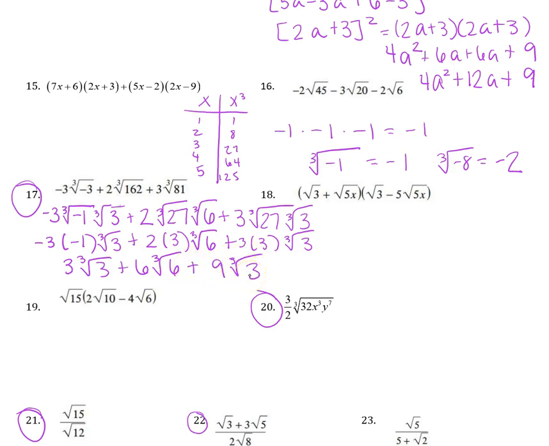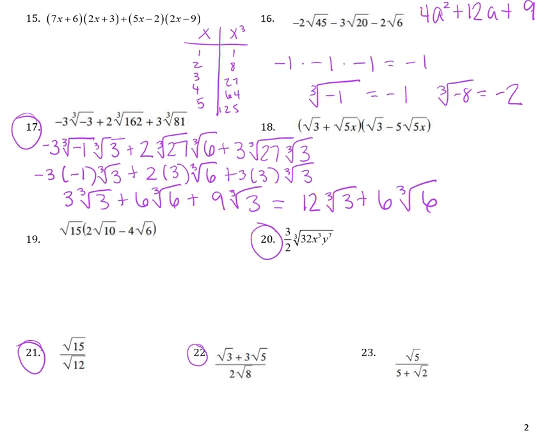And some of you guys stopped there. Be careful, you can simplify further. These all have the same index, and these two have the same radicand. So I can rewrite this as 12 cube root of 3 plus 6 cube root of 6. So I combined my numbers with the same radicand of 3.